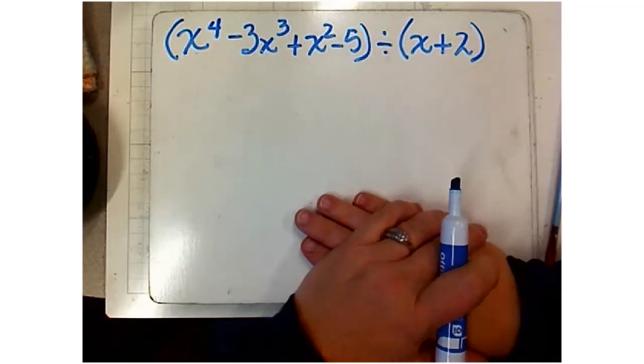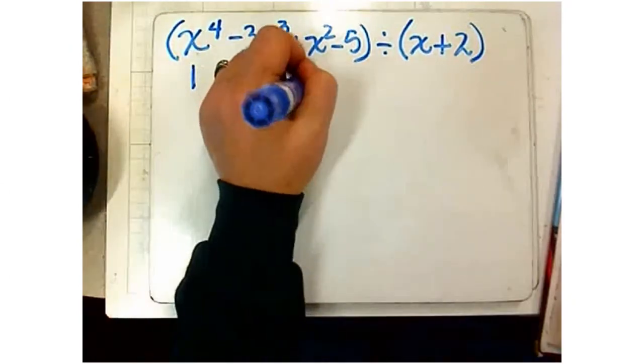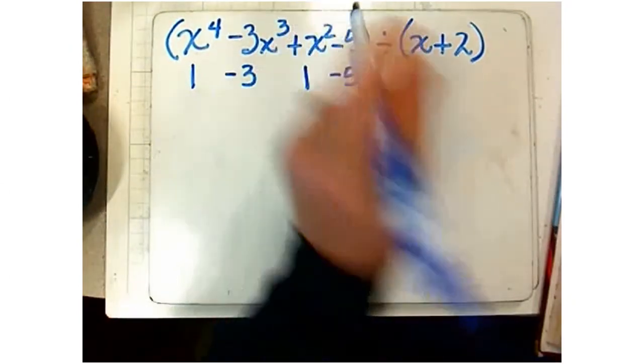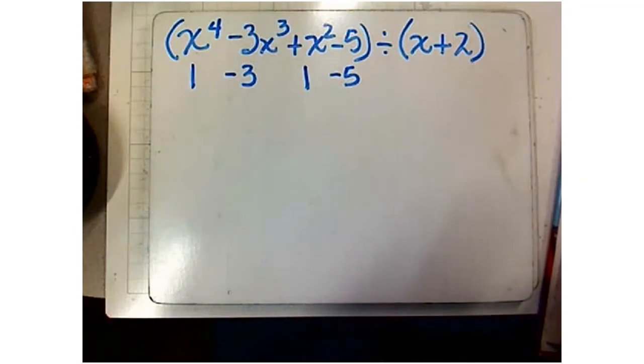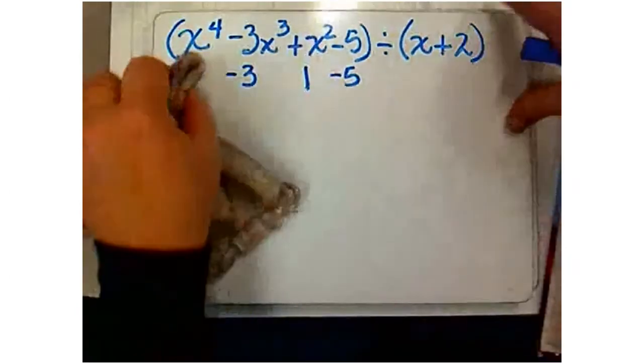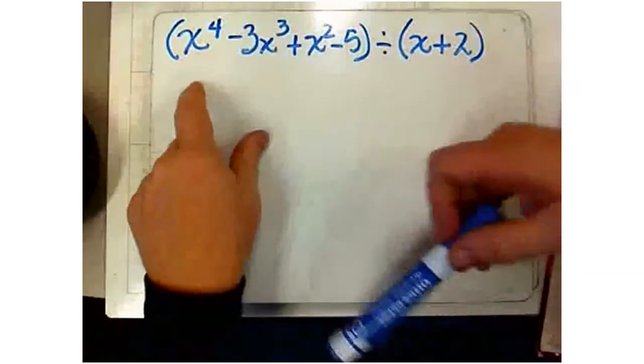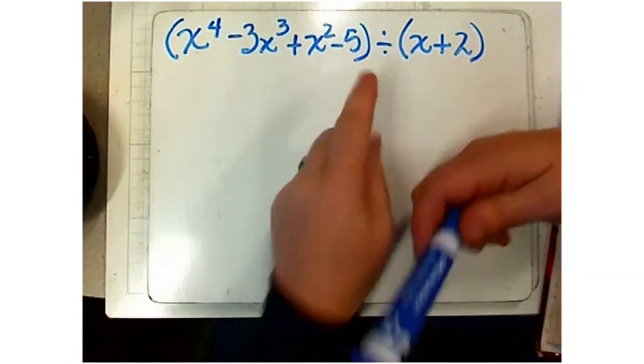So now you read it and identify your terms. You've got a 1, -3, a 1, -5. We're identifying the coefficients of our terms. There's no x. We have to put an x in there. This is where the descending order really pays off, because when you have descending order, you need to have a space for everything.